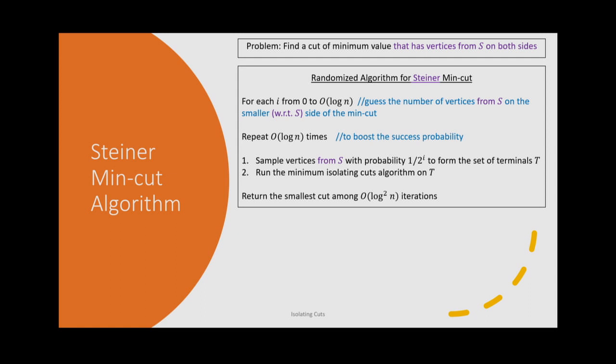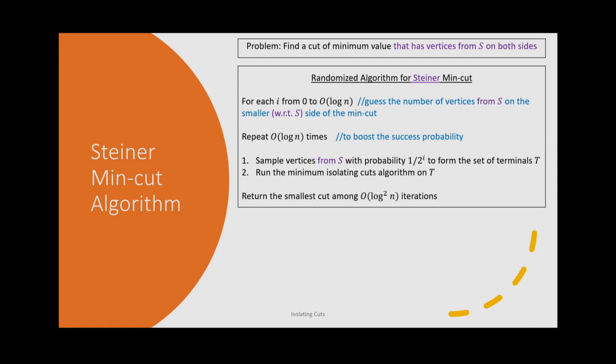And once I have a sample, now I am sampling only from the vertices in S. Once I have a sample, I run isolating cuts. Okay, and exactly the same proof works. So trivially now we can extend the global min-cut algorithm to a Steiner min-cut algorithm.